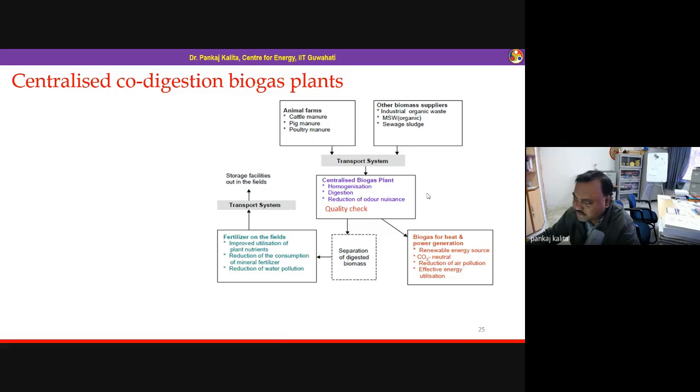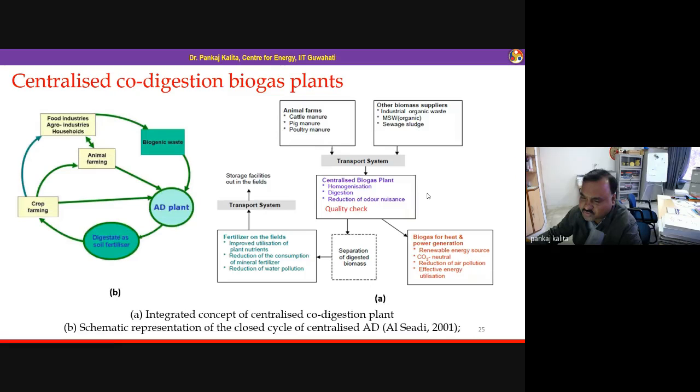Then we can separate the digested biomass, and that can be used as fertilizer for agricultural fields, vegetable gardens, or any other applications. That can be transported and stored outside of the shed. So this will work in a centralized system, and these are the things it includes.